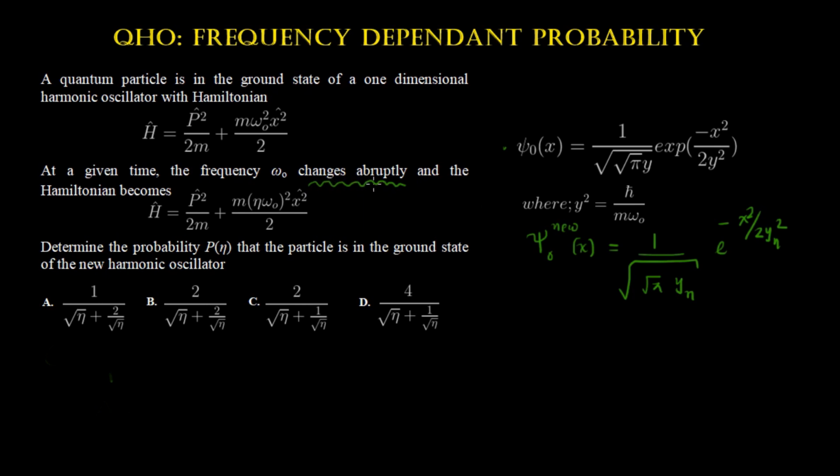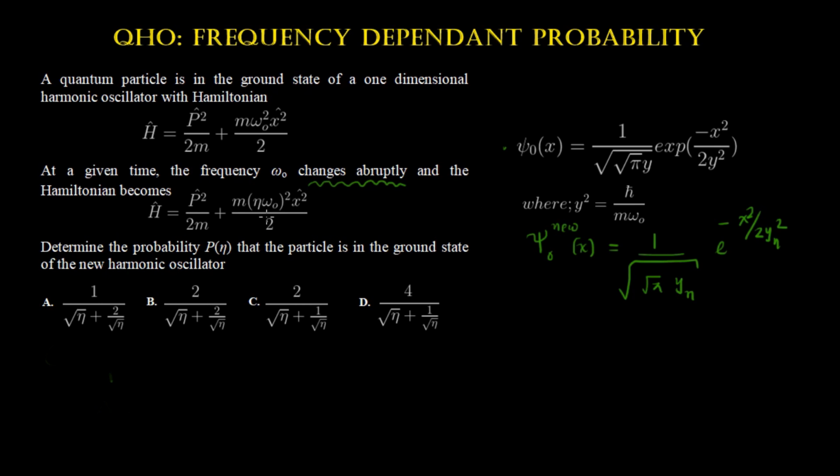That means the system has not completely changed from the initial state to the final state. So the system has some contribution of the initial state even though the frequency has changed. There is some part of the initial state that is still in the final state.